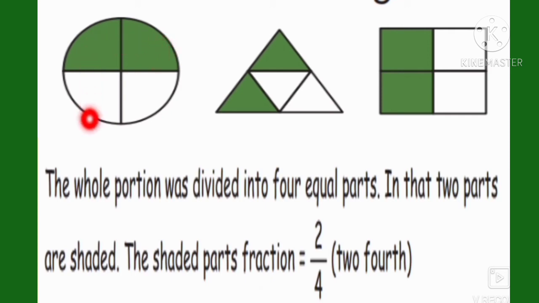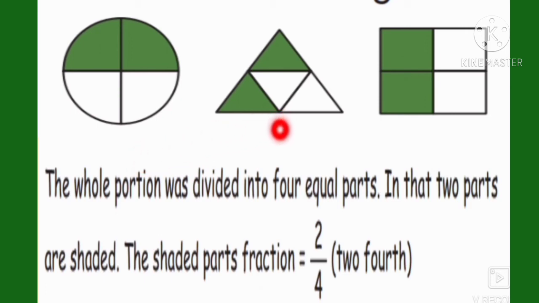And also, children, the fraction of unshaded portion in the circle is, yes, 2 by 4. So 2 parts are unshaded, which is the numerator, and the total number of parts is 4. So 2 by 4 will be the fraction of the unshaded portion too.